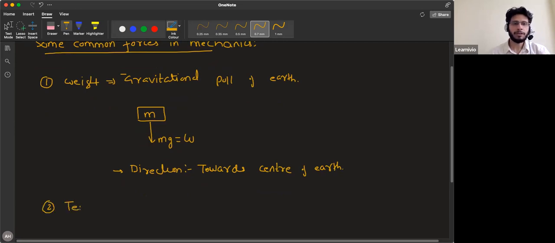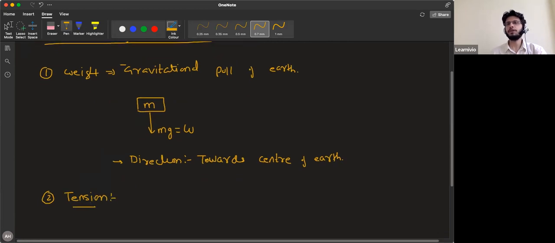After weight, the next is tension. Tension is basically a force. First of all, tension acts in a string. When we say string, it could be a wire, a thread, or a rope.